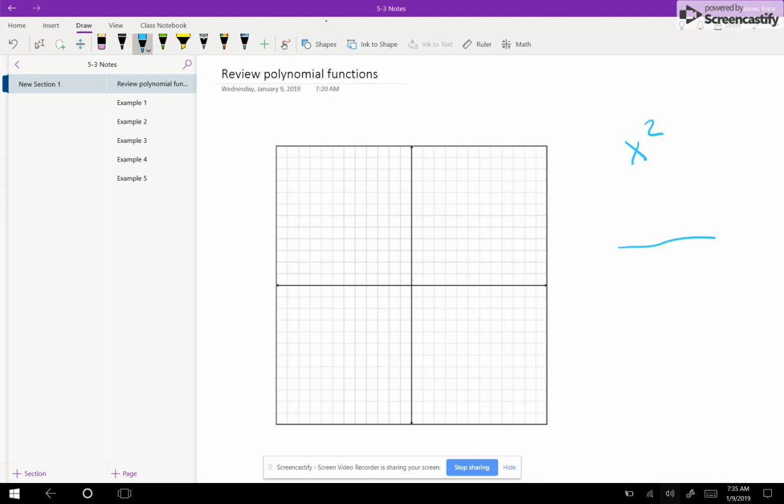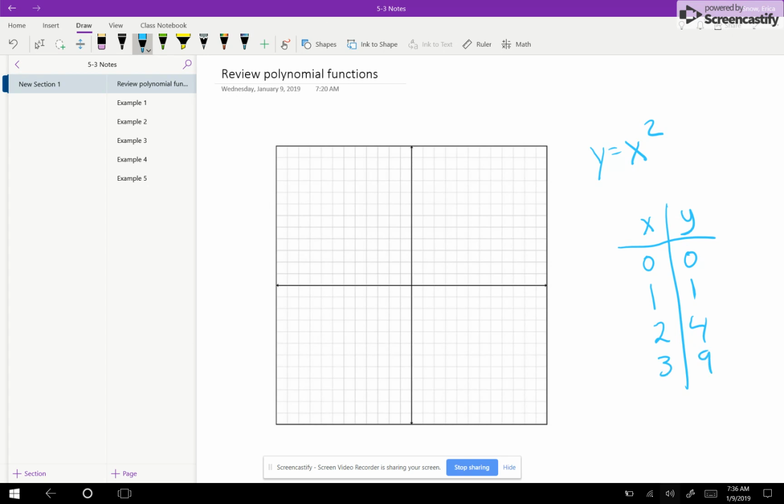And I tried to get you guys to remember how to use a t-chart. So if we plugged in 0 for x, then y is going to be 0. If we plug in 1, y will be 1. If we plug in 2, y is 4. And 3, y is 9.